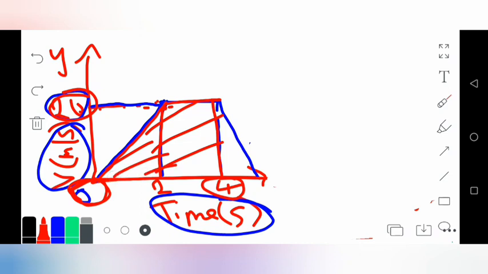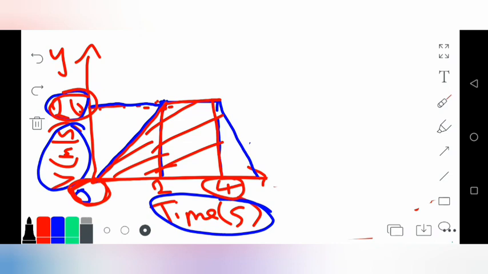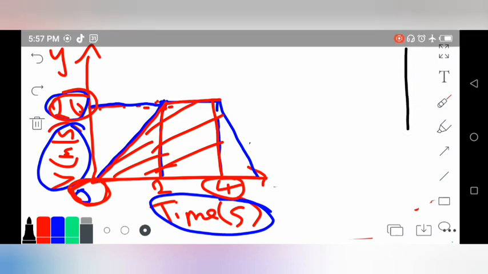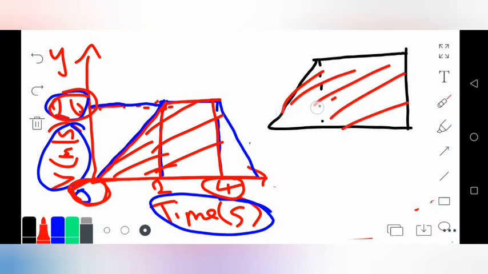Now we know that this shape is a shape that we all know. So this is just something like this. All we are looking for is the area of this shape.